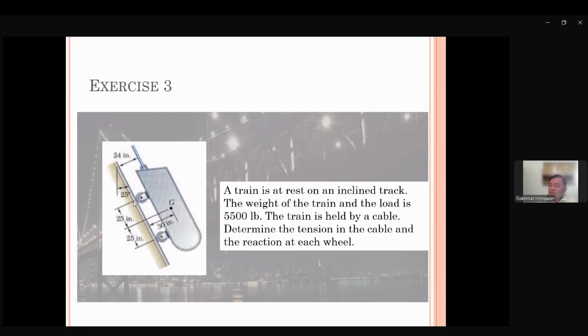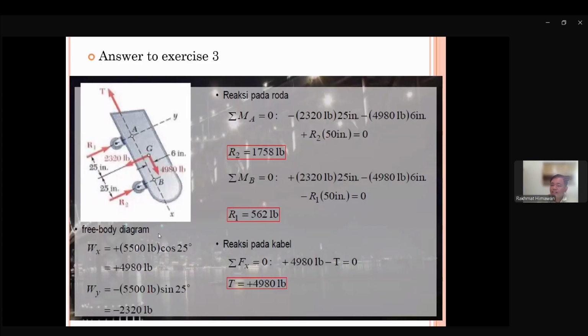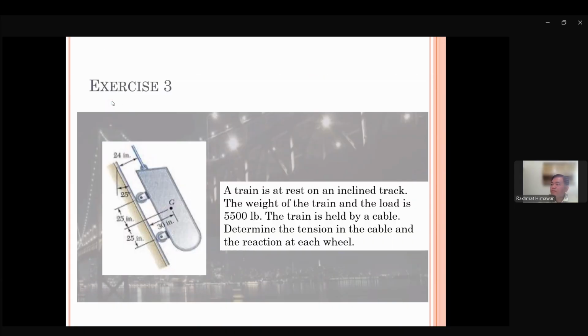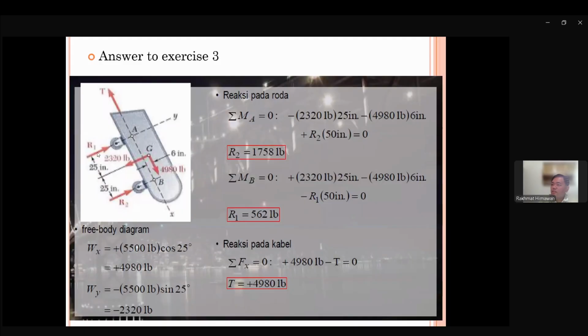We have two wheels on support. So based on this, our free body diagram looks like this. T is the cable. This is the reaction R1 and R2, and G, which is going in negative Y, but we decompose it into this direction and this direction.